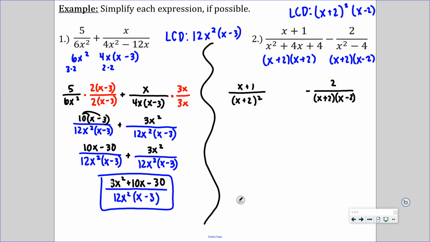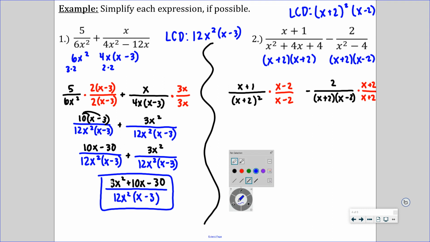So in red, I'm going to make my equivalent fractions, aka I'm going to multiply the top and bottom of each fraction by what they're missing. This one's missing the x minus 2. What's my second fraction missing? X plus 2. Good.